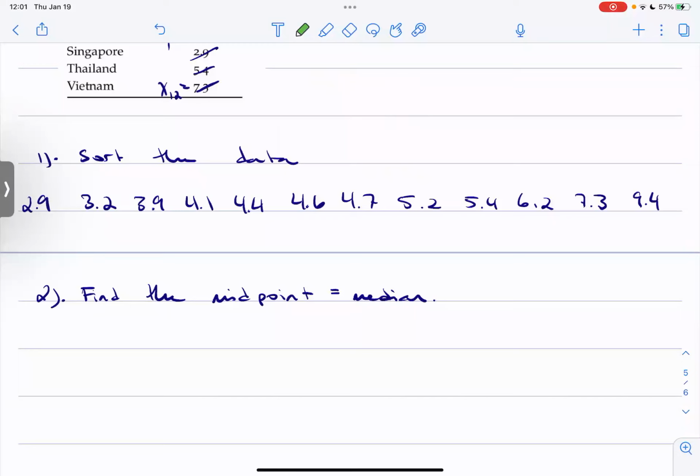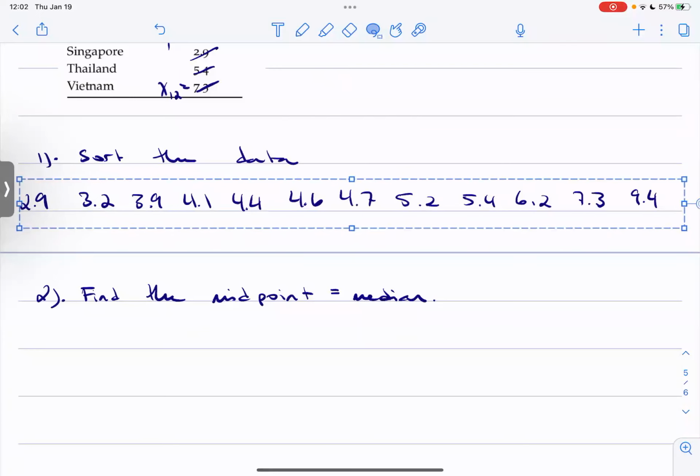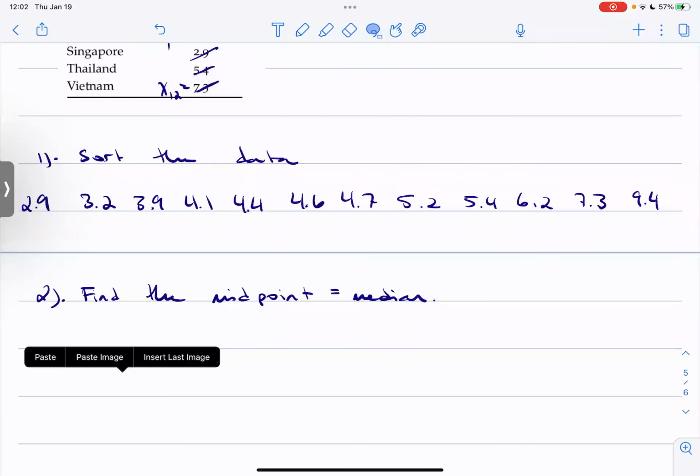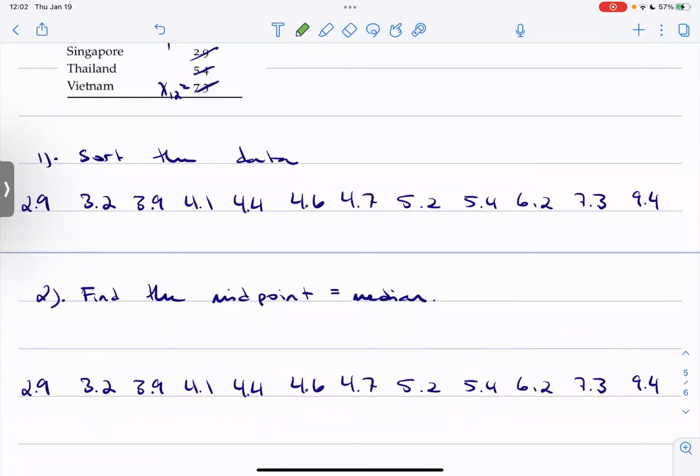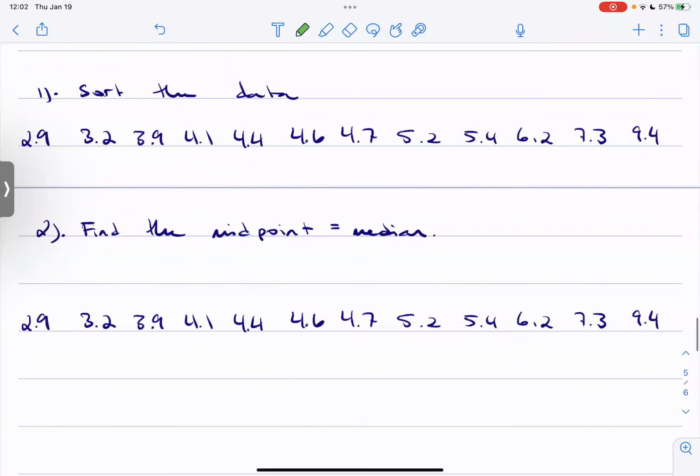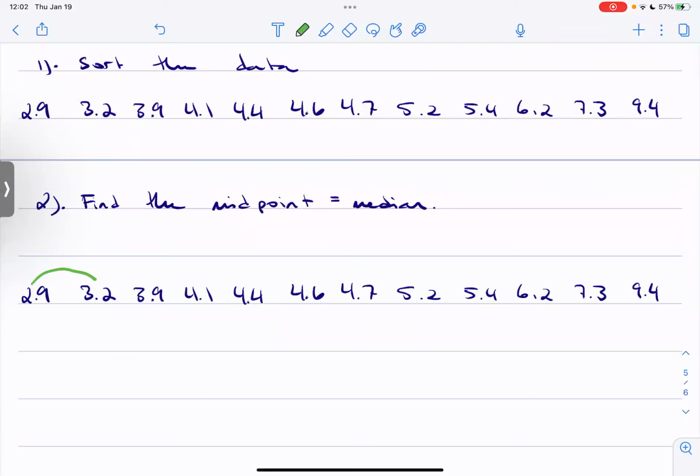And so here, because I can, I'm going to copy these values. And then we count in from both sides. Boop, boop, boop, boop, boop. Ta-da.